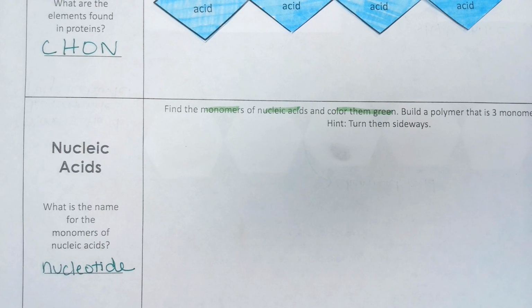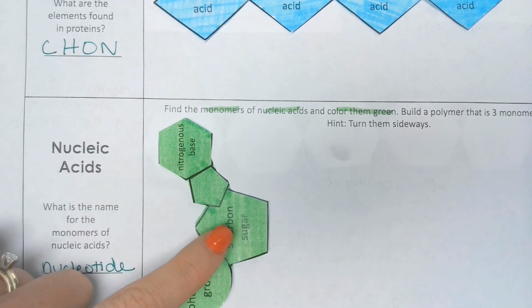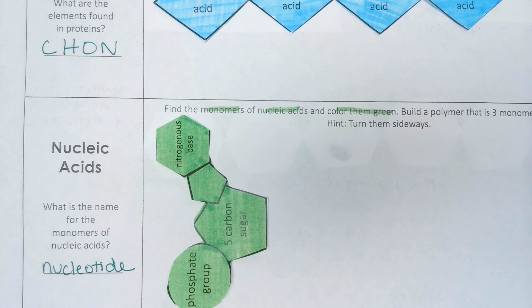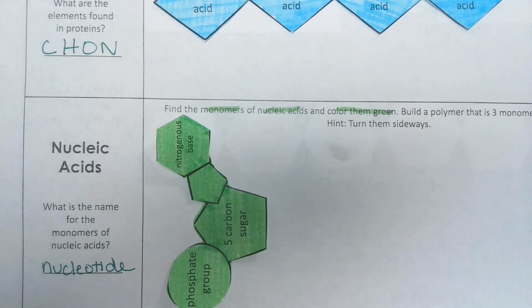Now, in real life, the nucleus of the cell contains 3 billion nucleotides. So 3 billion of these. In this activity, we're only coloring 3, not 3 billion, but it's only to model the structure.